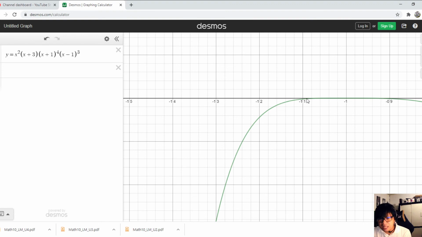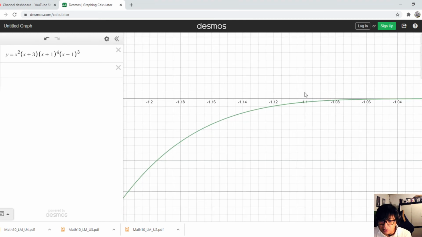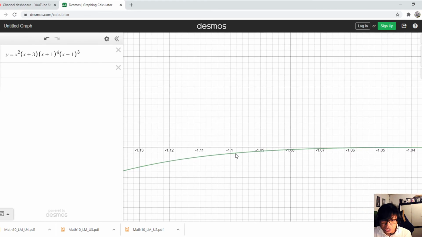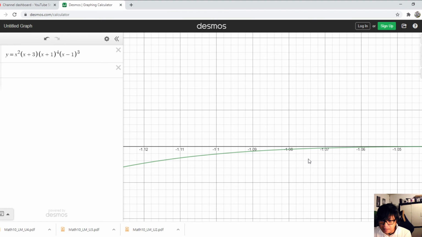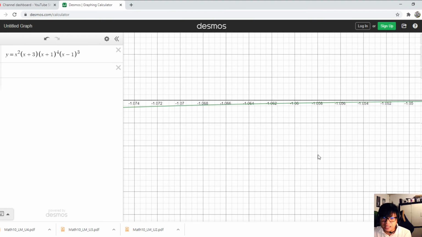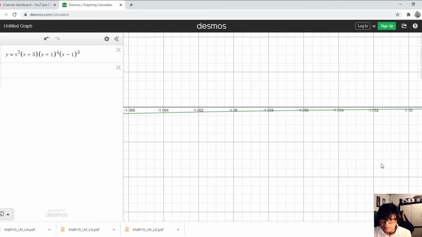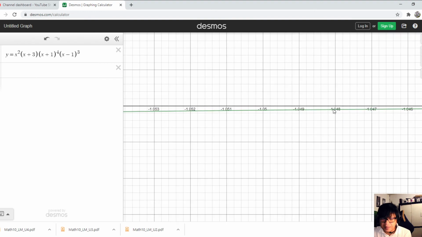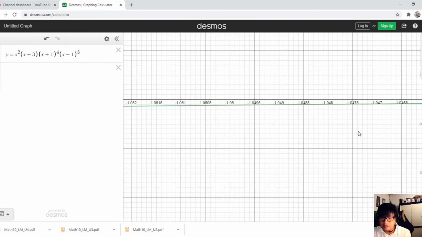Pero hindi niya na-touch itong sa negative 1. It never touches the graph here. O, tingnan natin. Pag i-close natin siya, hindi talaga niya na-touch. It will not touch the numbers here, pero doon lang siya sa negative 1. As we go closer and closer, hindi talaga na-touch. O, look. Tingnan mo, malayo talaga yung graph doon sa numbers na hindi equals to negative 1.